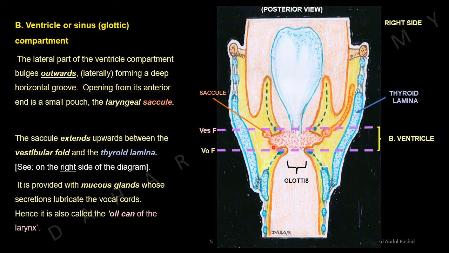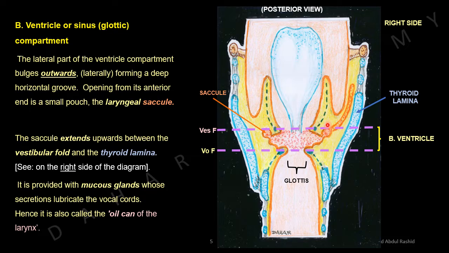You can see here a deep horizontal groove. Opening from its anterior end is a small pouch called the laryngeal saccule. The saccule extends upwards between the vestibular fold and thyroid lamina.